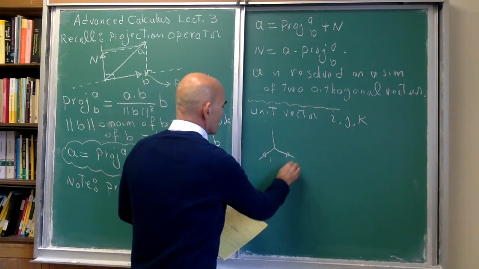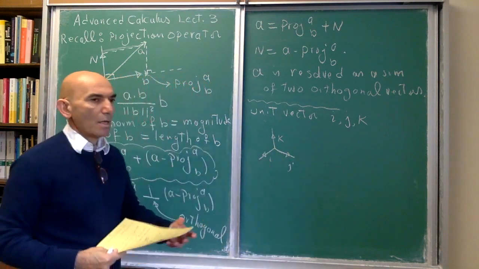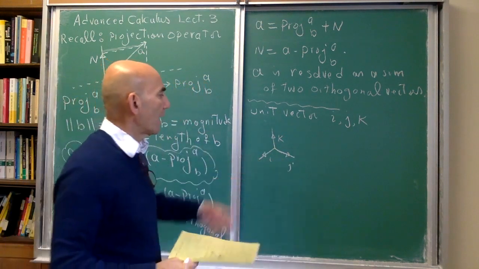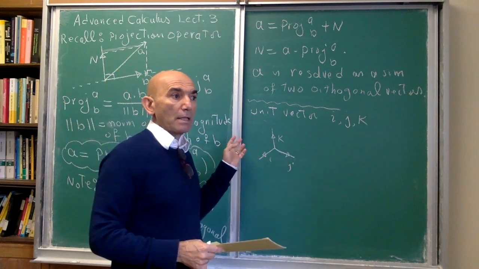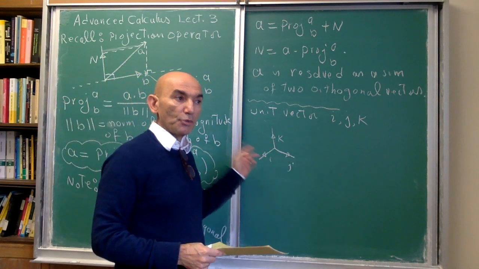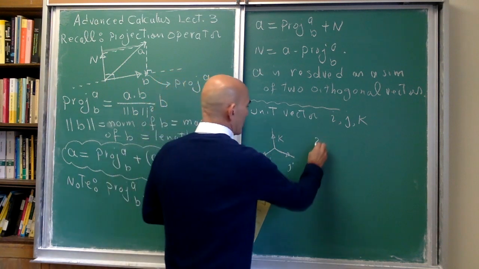They have the property that they are orthogonal to each other, right? And they have unit length. So we just write this as these rules.